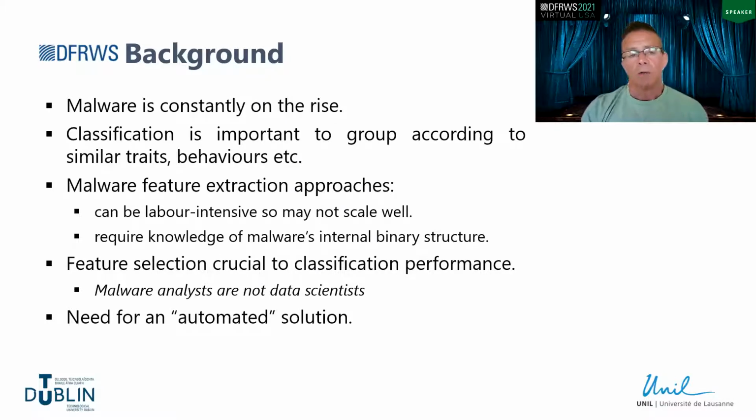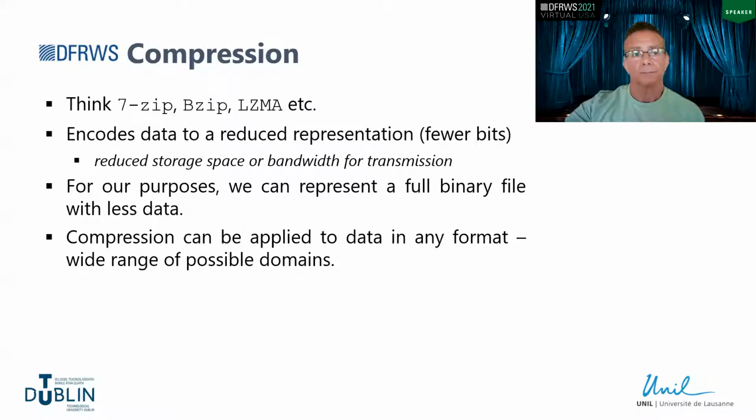So the motivation for this was to produce almost an automated solution whereby we didn't have to have any feature extraction or feature selection processes before we actually got the data into a state that we could use it for machine learning classification. So I first looked into compression.